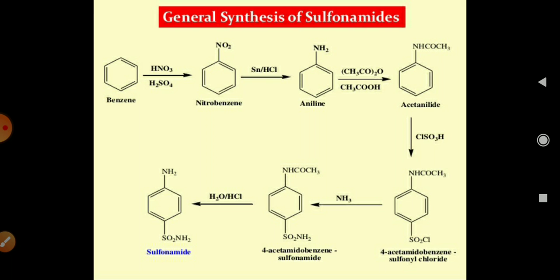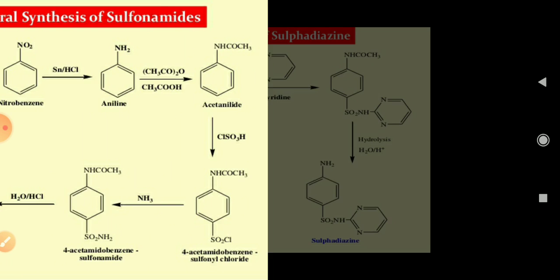Further, by reaction with CH3COCl and CH3COOH, it will give acetanilide. This acetanilide further reacts with ClSO3H and gives 4-acetamidobenzene sulfonyl chloride. This will react with NH3 and give 4-acetamidobenzene sulfonamide. Finally, it is treated with H2SO4, H2O and HCl, and it will give the sulfonamide.